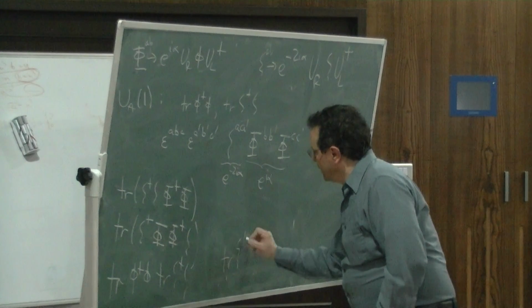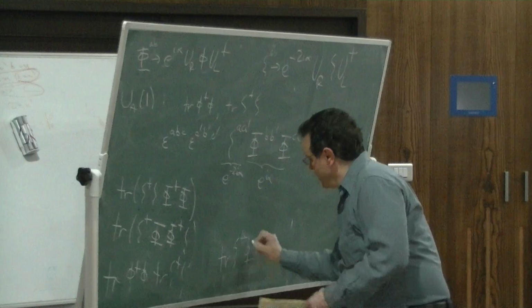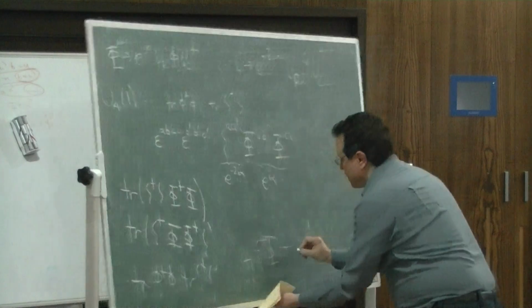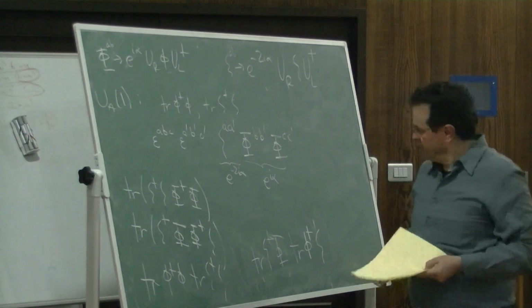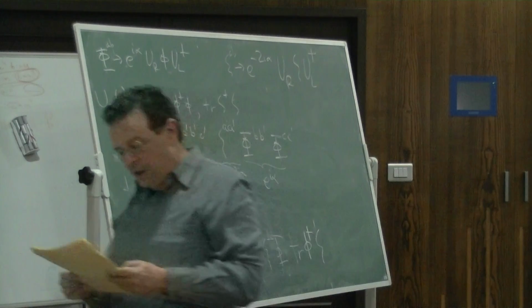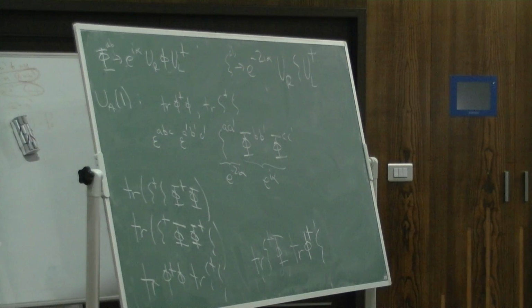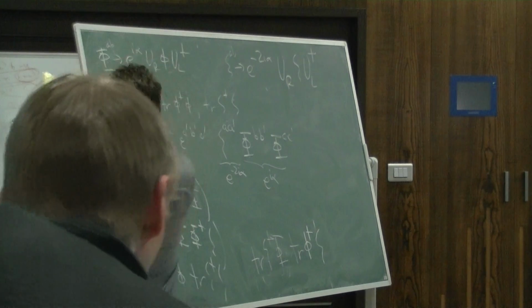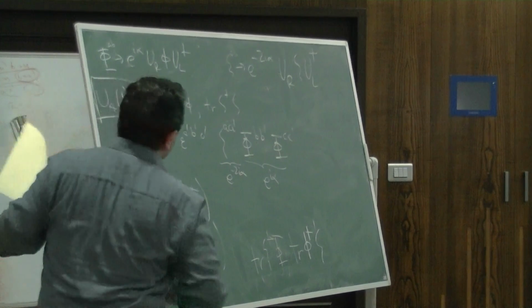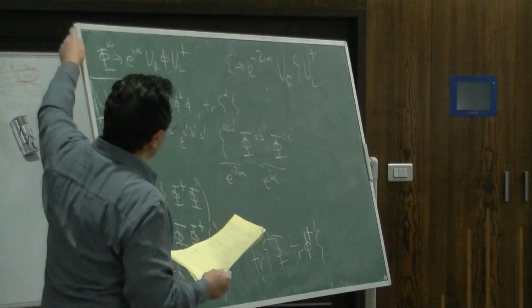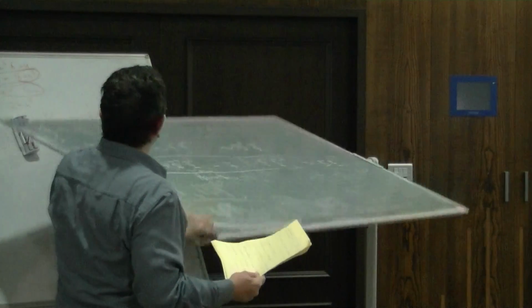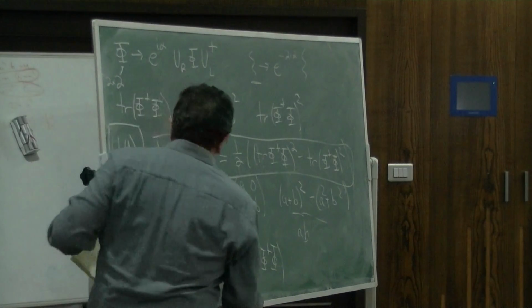So I can take zeta dagger phi times trace of phi dagger zeta. And that's all I can do. So these are the couplings invariant under axial U1. And let me now go on and show you what the couplings invariant under Z3 are.